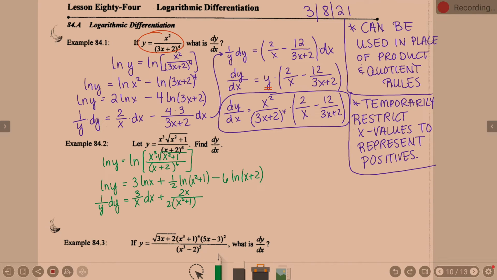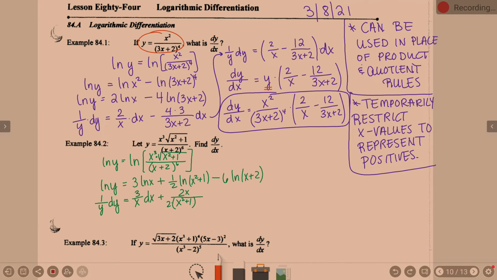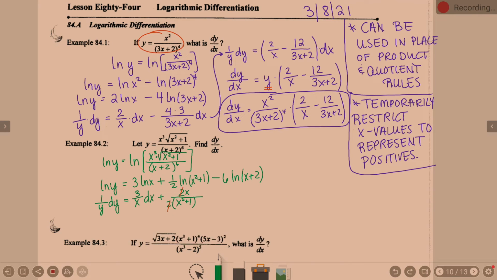What am I going to be able to clean up next step? The 2 cancels the 2. I would say that 2 and that 2 will cancel. And don't forget, I almost did the dx.